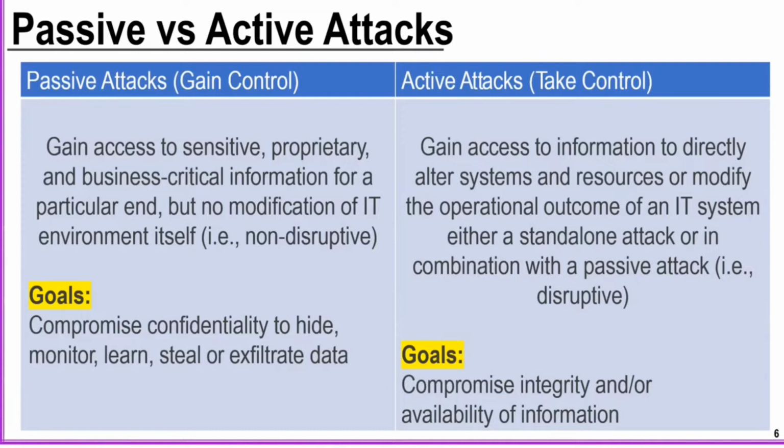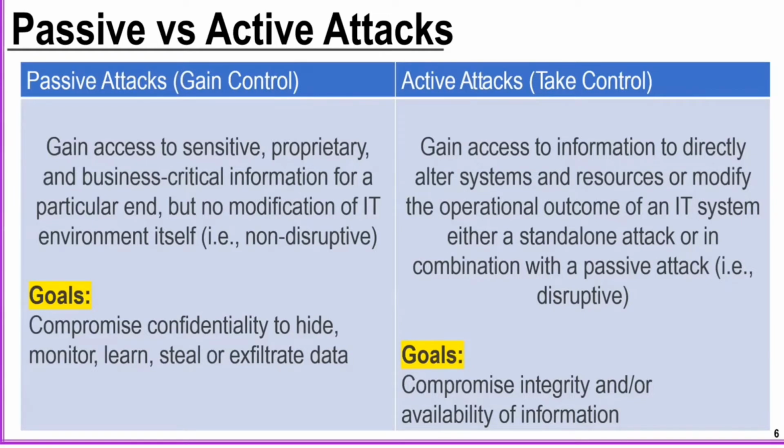The passive cyber attacks enable the attacker or the agents of the proliferators to get access to the sensitive, proprietary, and business critical information, or the biosecurity sensitive information, but no modifications of the IT environment itself. In other words, the passive cyber attack will be non-disruptive.